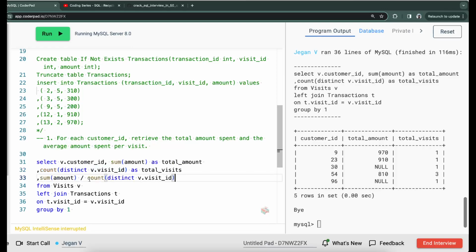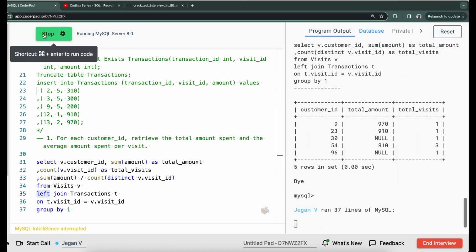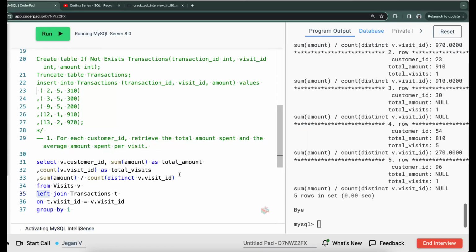If you don't do a distinct visit, then it's going to duplicate the transactions also. If for example I don't do the distinct visit and I do a left join, let's see what happens. Oh, okay. So this one we say average spent.